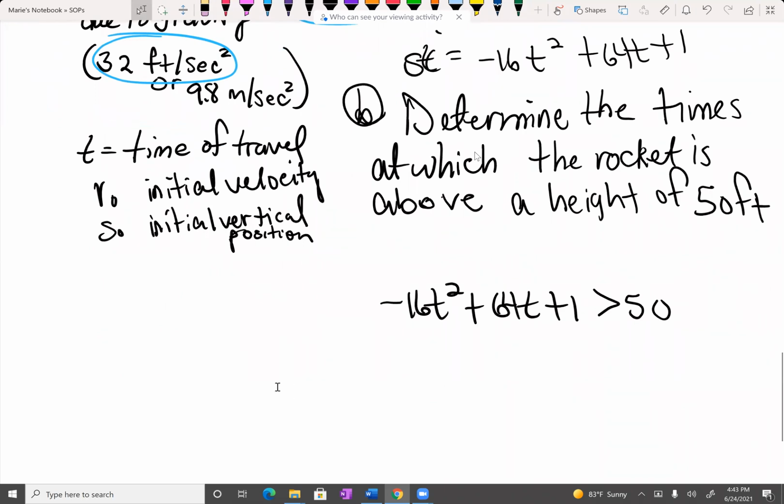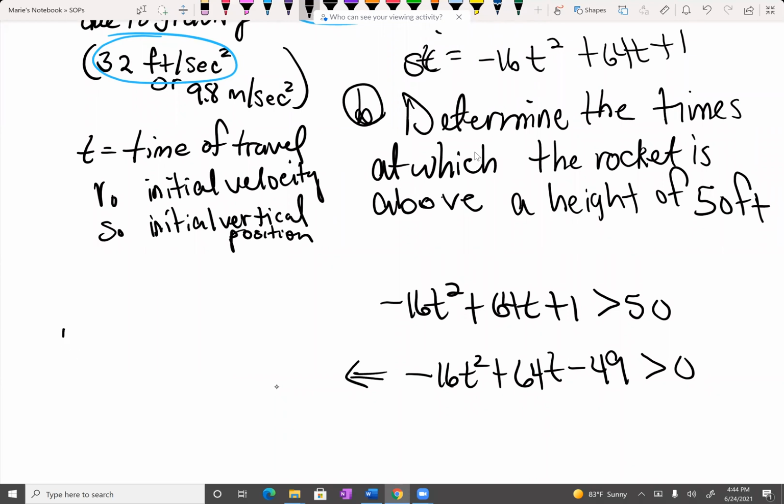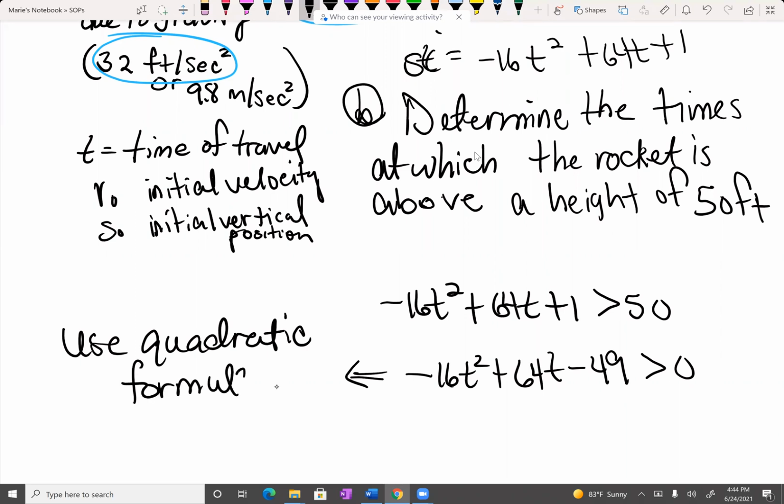My suggestion is after you move this, you get negative 16t squared plus 64t minus 49, and this is now greater than 0, so we want it positive. And we would use the quadratic method, or the quadratic formula, to solve for the values.